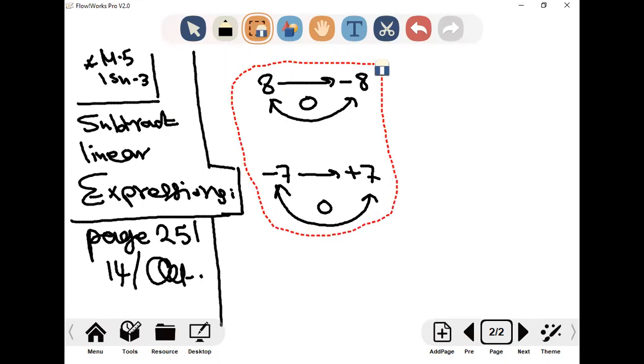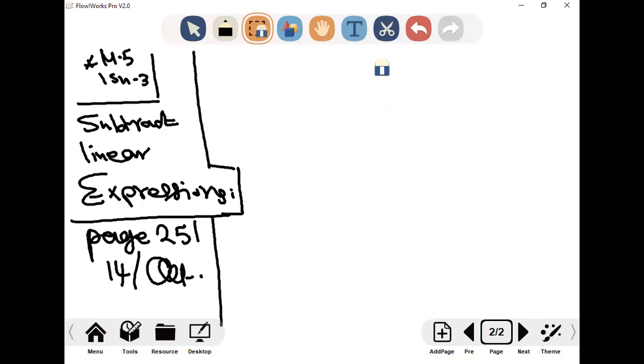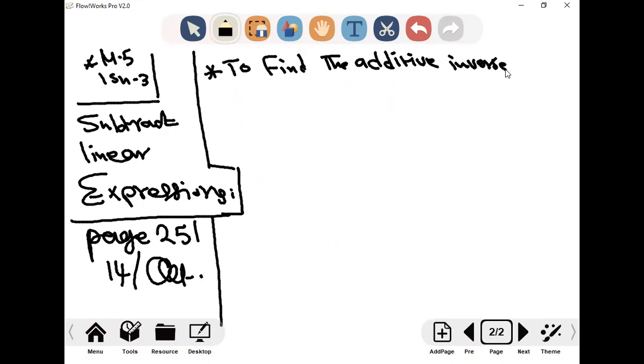Okay, now before I erase that, the additive inverse for numbers. Now we will find the additive inverse for a linear expression. Focus with me here. To find the additive inverse, and I will call it additive inverse, AI. What does AI mean? Additive inverse.